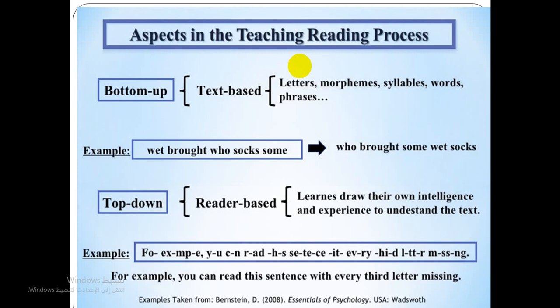Firstly, we have the bottom-up process. Here, readers must recognize a variety of linguistic signals such as letters, morphemes, syllables, words, phrases, etc., and impose some sort of order on them so as to make them cohere.